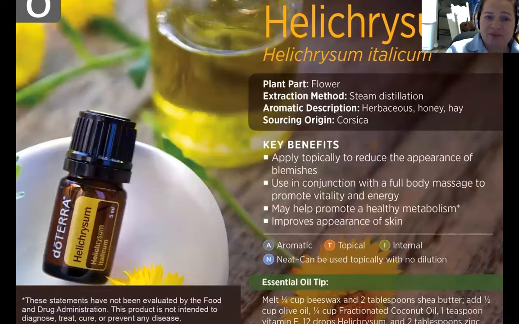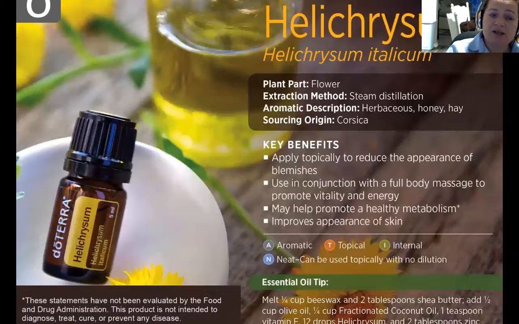So if you have a nosebleed or any kind of bleeding in your body, it's a great support for that. It also promotes healthy liver function. It supports localized blood flow, and it can help to reduce the appearance of wrinkles, stretch marks, and scars. That's why this oil is used in Immortelle, which is an anti-aging blend.